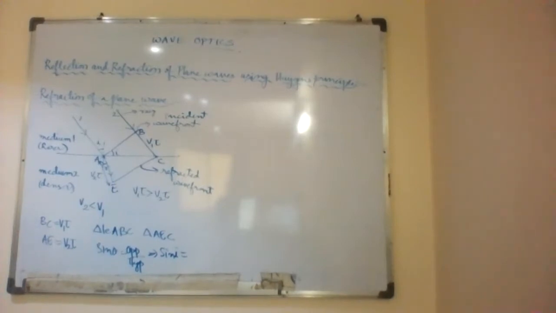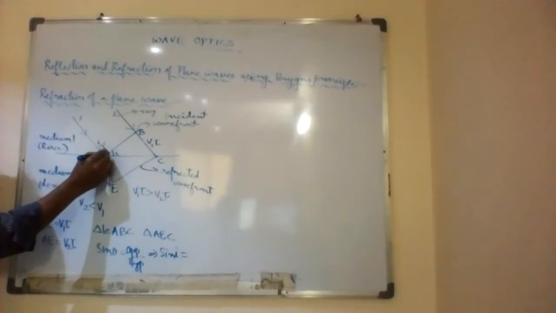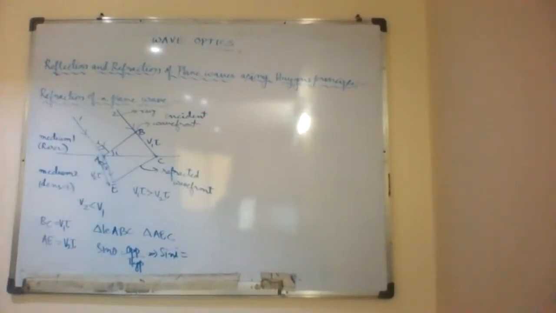This is not reflection, this is refraction, right? This angle is 90 degrees, perpendicular to the ray. Then what will be this angle?